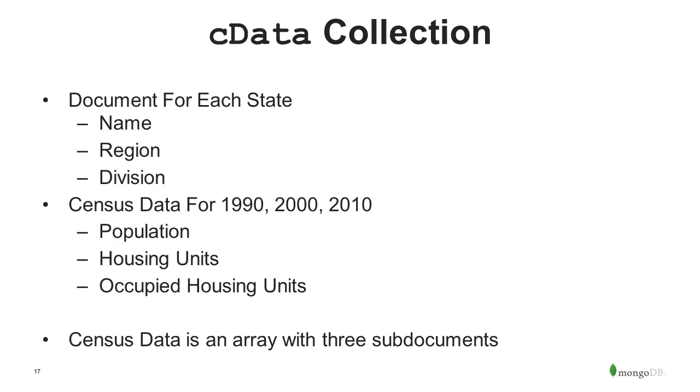We have a collection called CData that has a document for each state. And in the CData collection there is information for the different census, and that's actually contained within an array. So I'm going to try to share my desktop here.